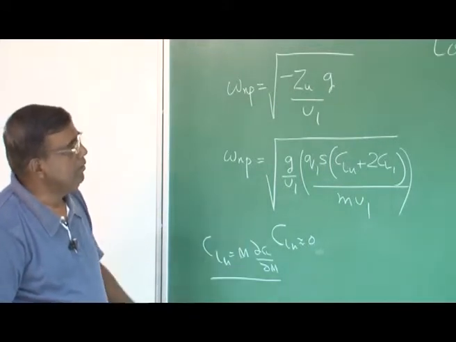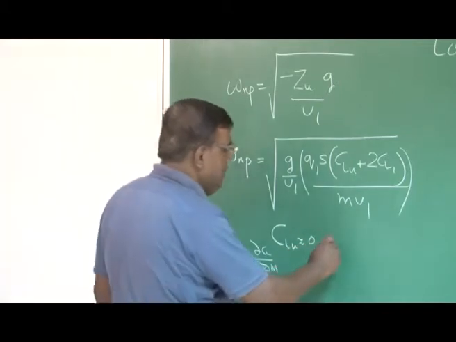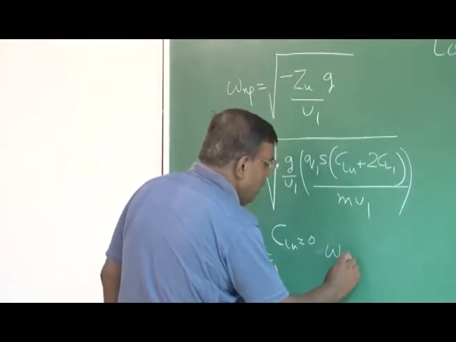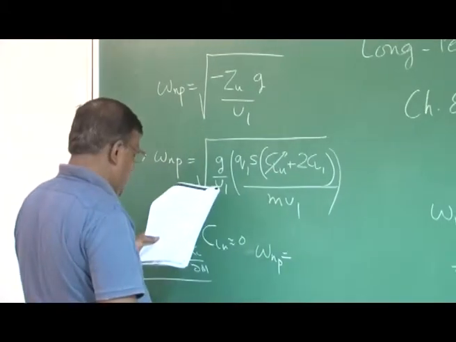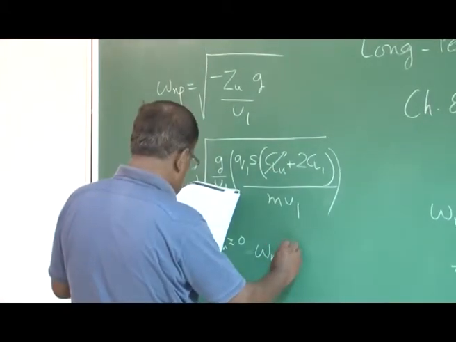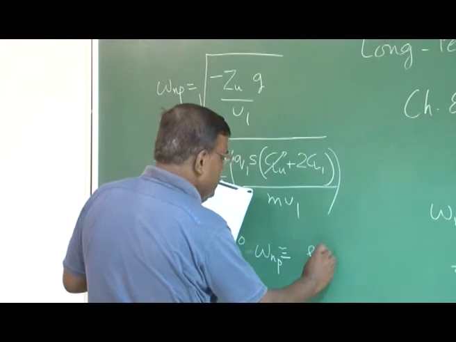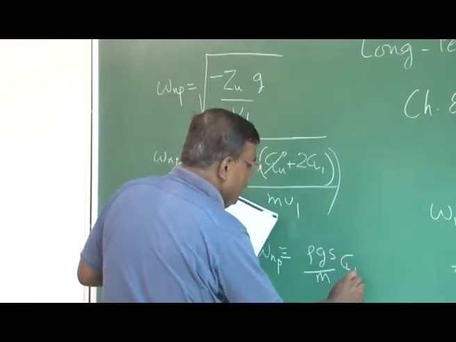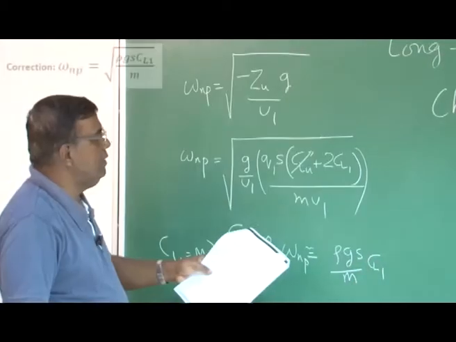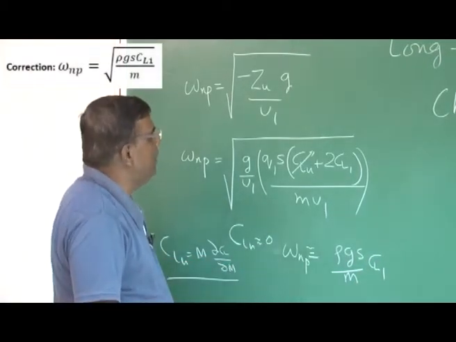So we are assuming that this value is 0. Then what we have is omega n Phugoid equal to, so this goes out. So we will have the expression as roughly root of rho g S by m into CL1. Why suddenly it becomes so simple?